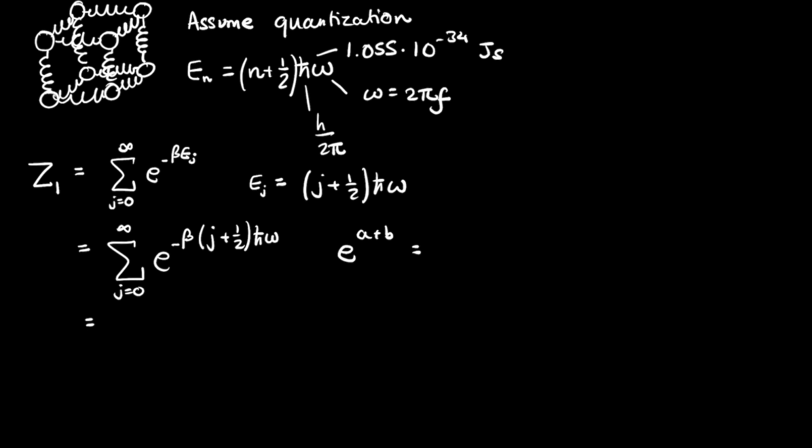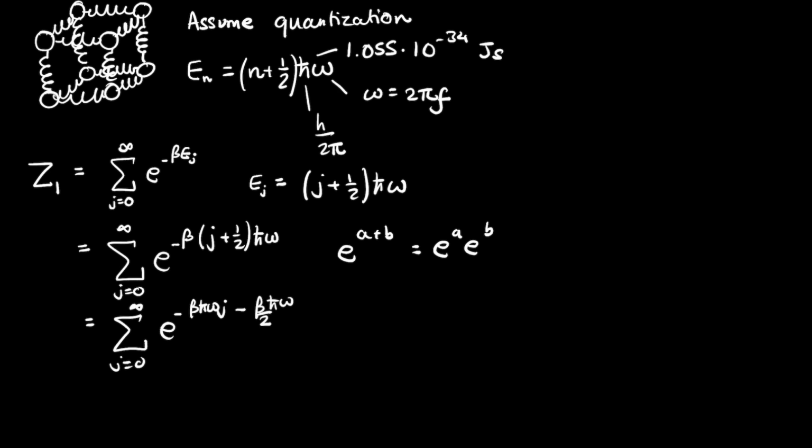Well, we can simply separate that to be e to the a multiplied by e to the b. So let's write this out again. We've got the sum from j equals 0 to infinity of e to the minus beta h bar omega j, minus, remember we've got a minus sign, beta h bar omega divided by 2.